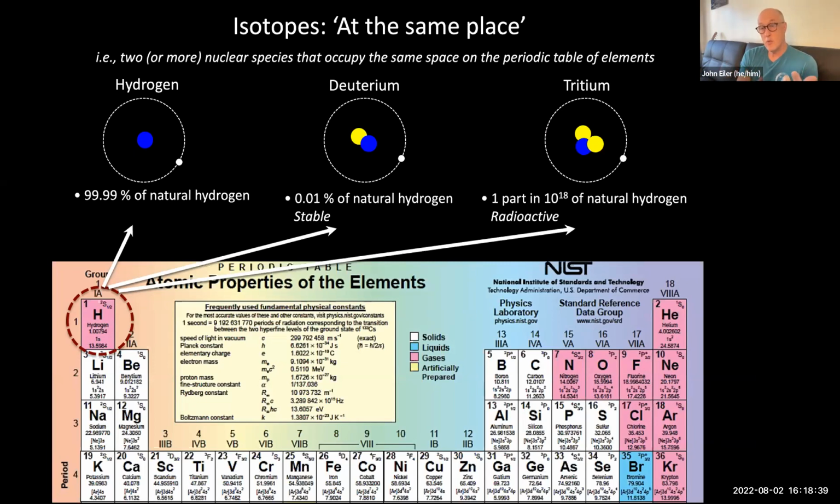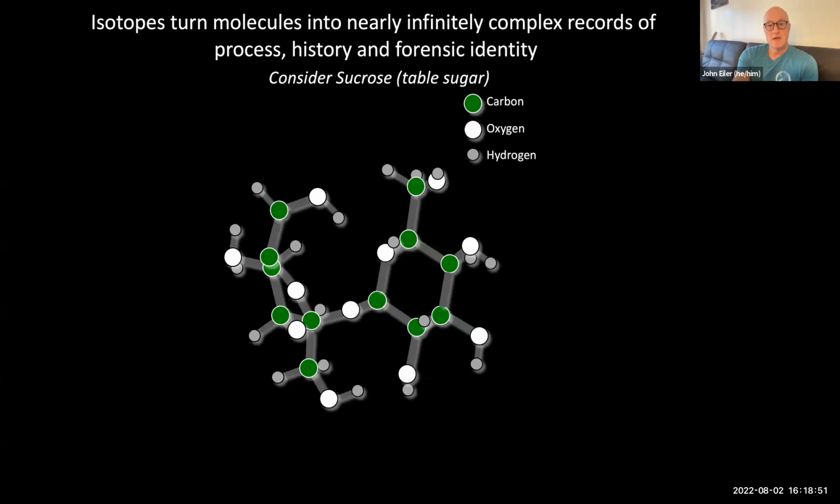Different masses, one of them is radioactive, and these differences in the nuclear properties lead to emergent differences in their abundances in natural materials. So there's a concept I'm going to introduce now, but we'll really only come back and try to take advantage of it at the end of this hour.